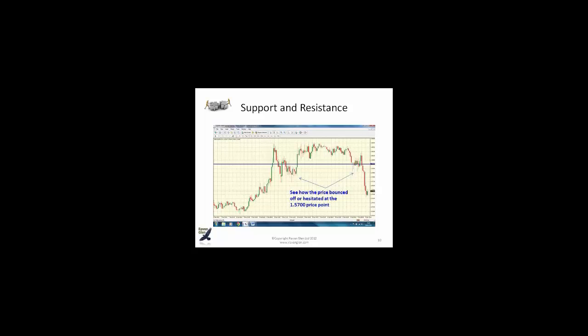This is not perhaps surprising, because many people around the globe are making buying and selling decisions based on whole numbers. They tend to do that naturally, and that collective action is making these points become pivot points.